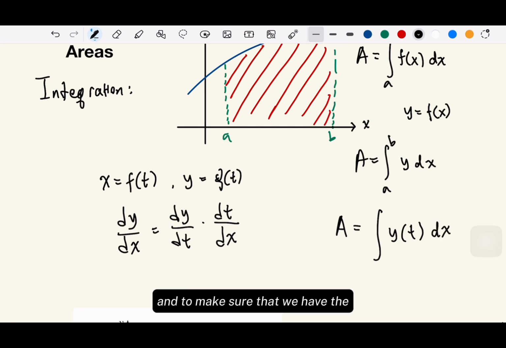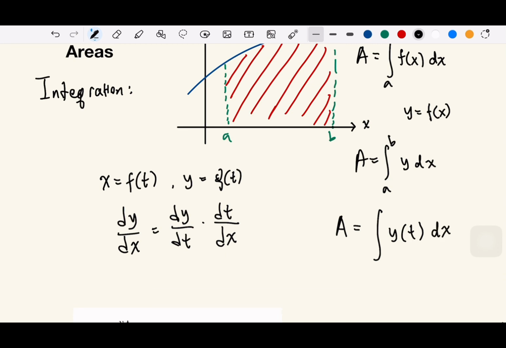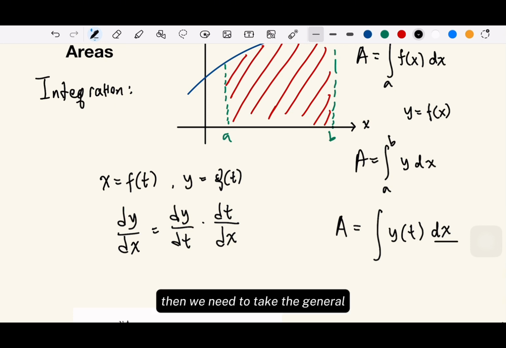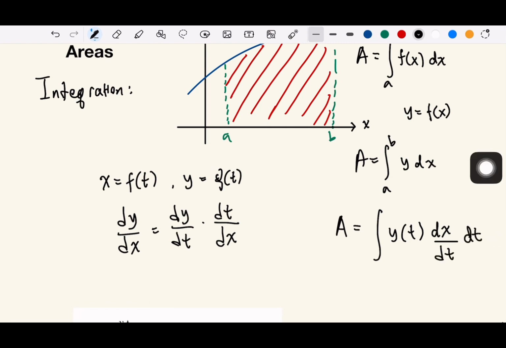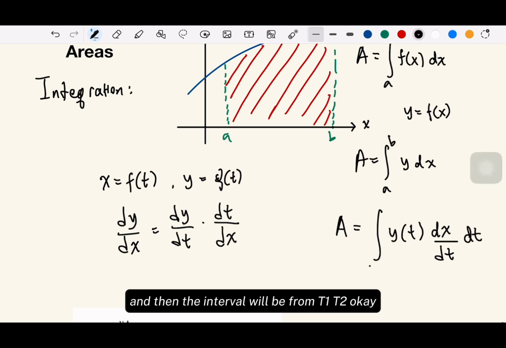To make sure that we have the same variable t, we need to take the chain rule and multiply with dt, and the interval will be from t1 to t2.